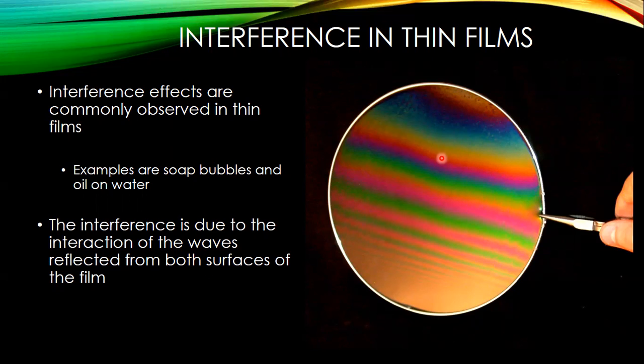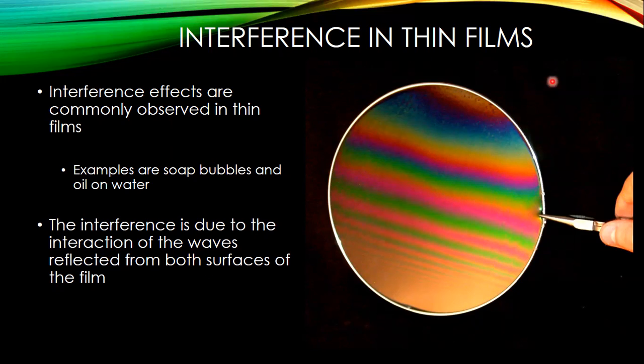We get thicker again, and now we see that blue light is again experiencing constructive interference and other colors are experiencing destructive, to green, to yellow, and then we get this magenta color where we actually get multiple colors which are experiencing constructive interference. In this particular case, both red and blue are experiencing constructive interference.